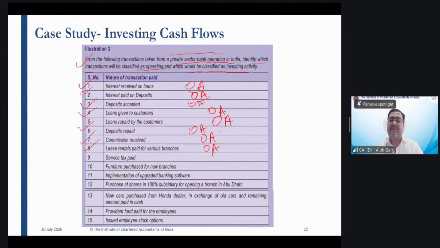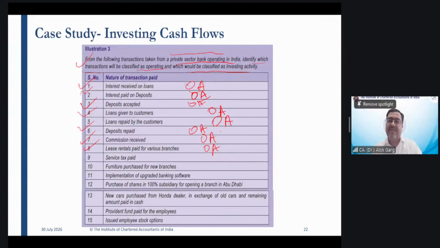So in this case, my dear friends, if it is a bank, or let's say if it is not a bank, it would be any general company, any general business, then what will be the classification of this lease rental paid for various branches, assuming it is charged to P&L? For everyone, why are they paying rental? They are paying rental for running their business operations. It will be your operating activity, right?